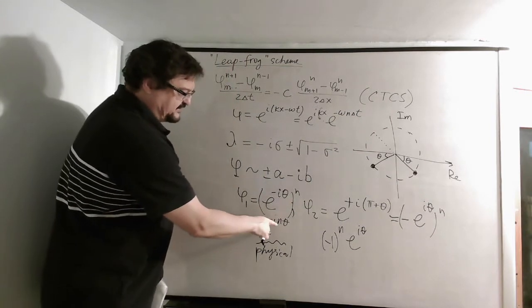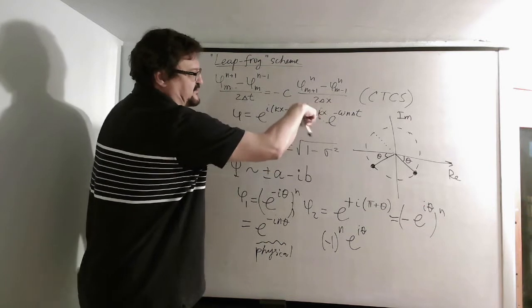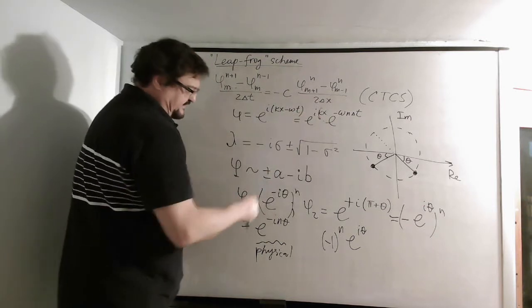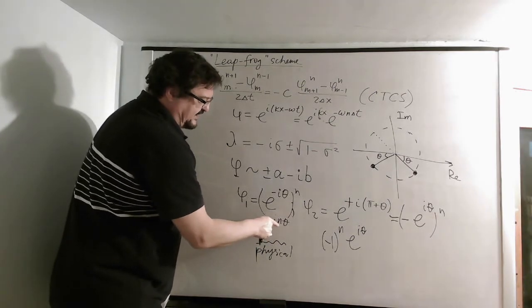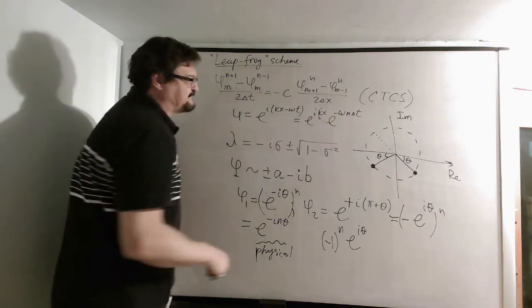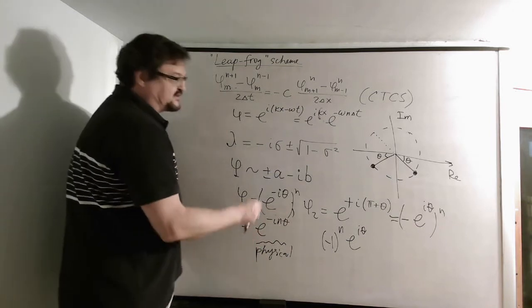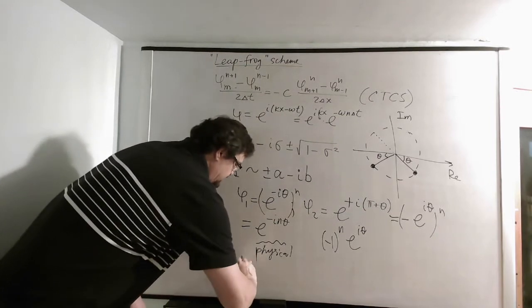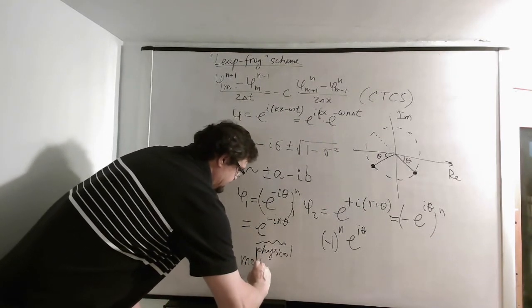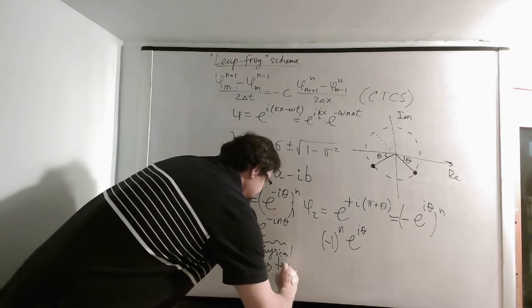So you compare to this: the time step amplitude, this amplitude in this case, is a function of x. So you see that this is a correct form. I, n, and theta is like some omega delta t. So this one is a physical solution that moves to the right. Physical, moving to the right.